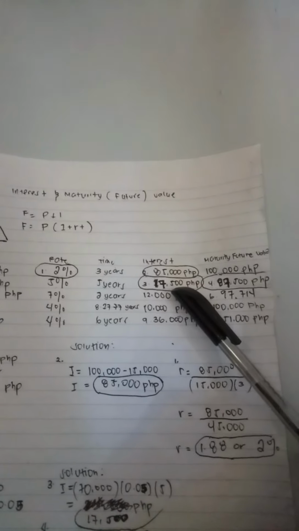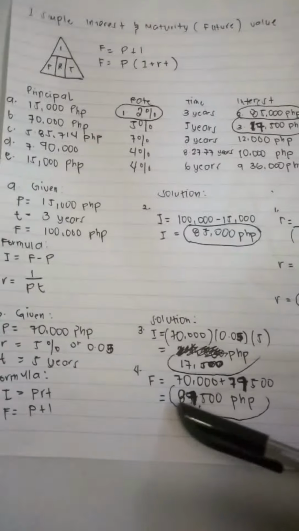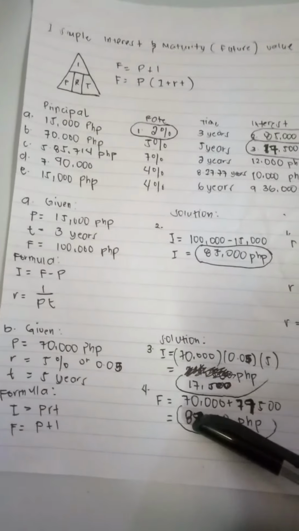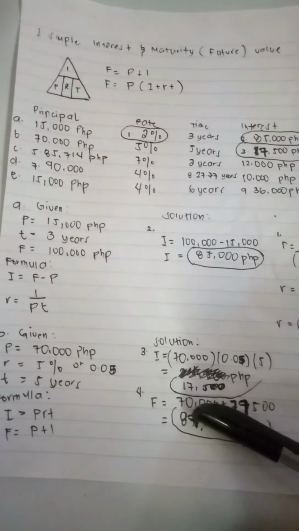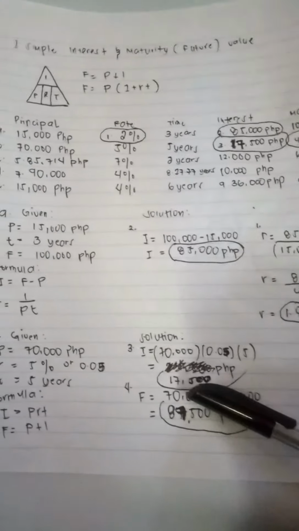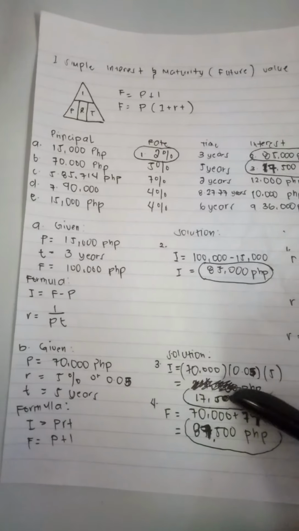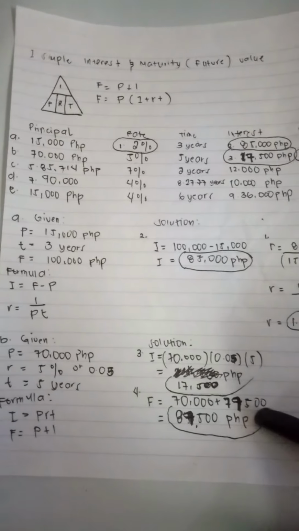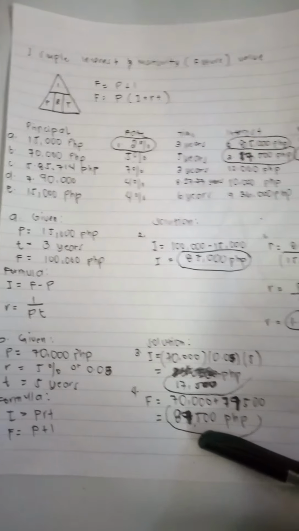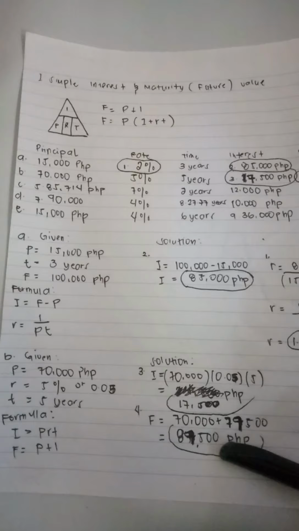Bali, ito na po yung interest natin. Charan! The next naman po, i-distribute na naman din po natin. 70,000 plus, yung sagot po natin, 17,500 equals to 87,500. Bali, ito na po yung magiging maturity future value natin.